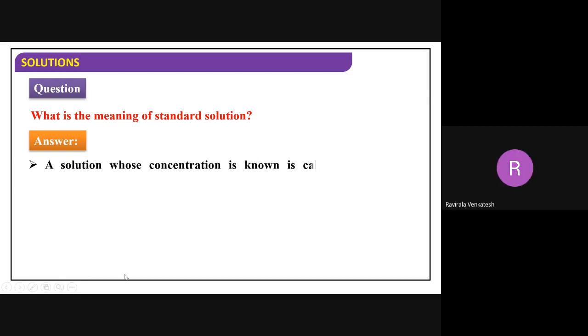When you change the solvent, the concentration also will change. Understood? For making the definition, I have taken it like this. Generally, when you are making solutions, we take a fixed value of the solvent, but we change the amount of the solute to make different types of solution.